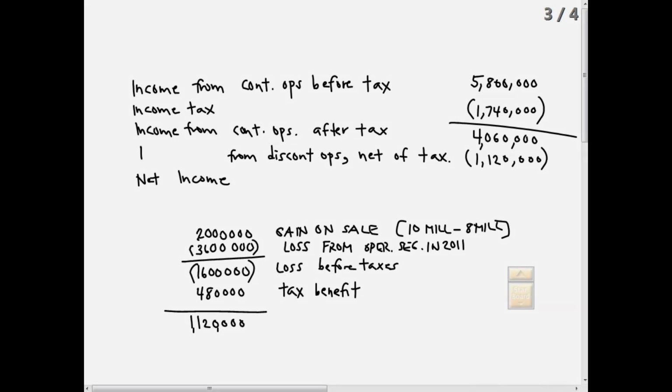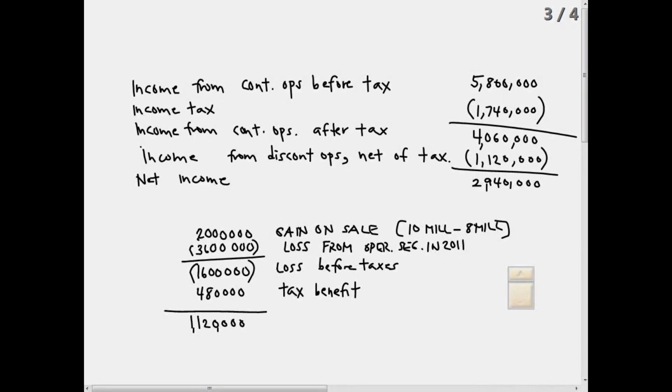They would just have written loss, and so then it's obvious it's a minus. But if you write income, then you have to make it clear that this is actually a loss. Okay, and then what's the company's net income?